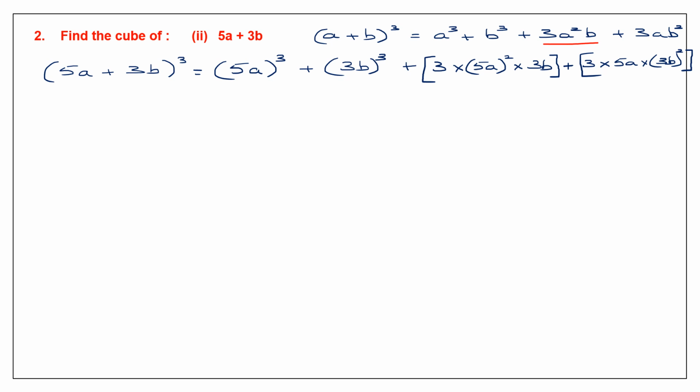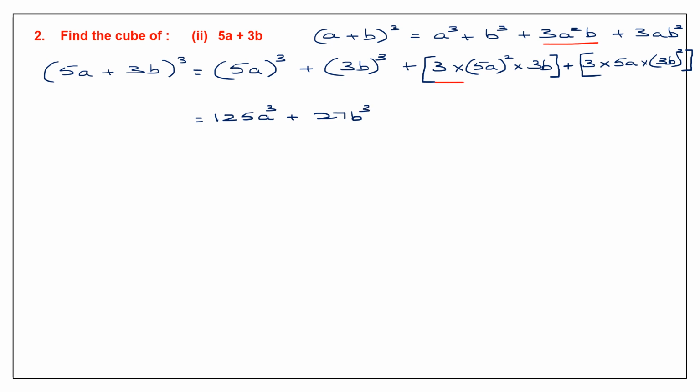Now let's simplify this. So when we simplify, 5a cube, that means 5 3 times. So that is 5 into 5 into 5. 5 5s are 25. 25 5s are 125. So 125, a 3 times is a cube, plus 3b cube, the whole cube. So 3 3 times and then b also 3 times. So 3 into 3 into 3. Multiply this, 3 3s are 9, 9 3s are 27. So when you multiply 3 times, we get 27b cubed.